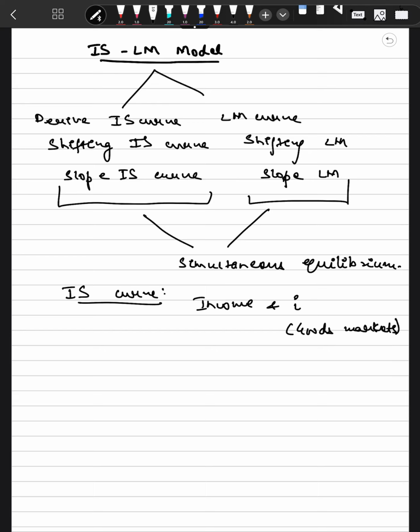There are two types of markets, goods market and money market. We know that in the goods market, we are deriving output or income denoted by Y, and in the money market, we generally derive the interest rate denoted by small i. And we need to derive this output or income and this interest rate separately, that is partial equilibrium.